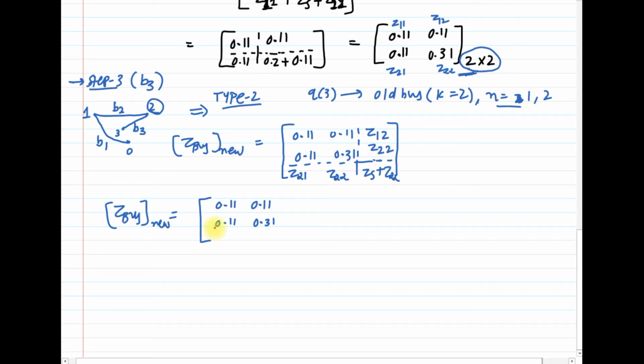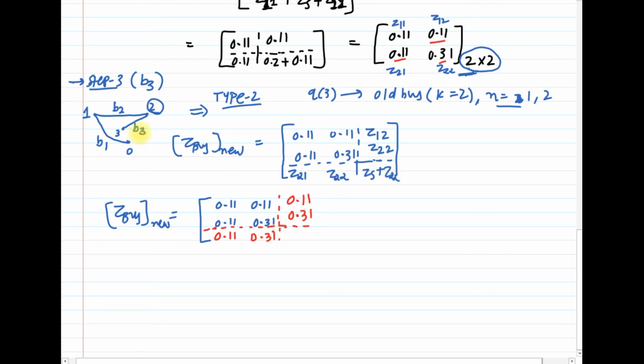Yes, I will use a different color for the rest of the elements. So here Z12 is equal to 0.11, Z22 is equal to 0.31. Same way here Z21, which is equal to 0.11, and Z22, which is equal to 0.31. And here Zs plus Z22.